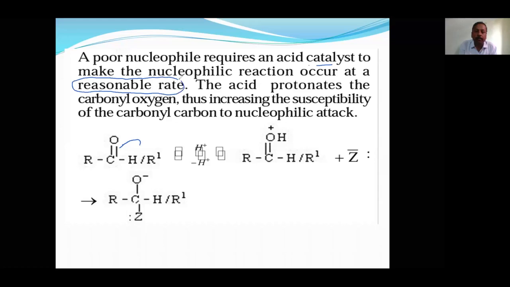Sometimes it requires some speed. That speed is provided by acid. So in that, acid protonates carbonyl oxygen. In that condition, suppose nucleophile is poor. This is actually a reversible step. So this H plus will go on the oxygen, then our nucleophile will attack here and then the further reaction will proceed. So this will be possible only when nucleophile is very poor.